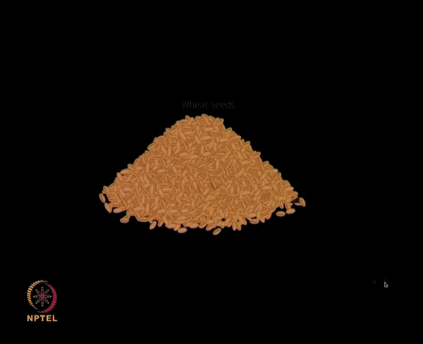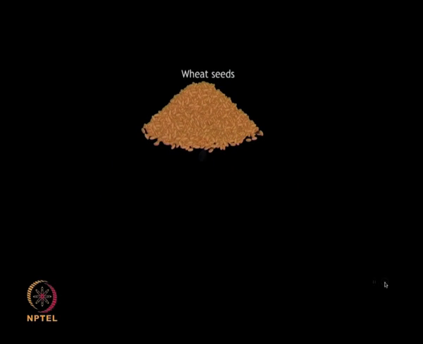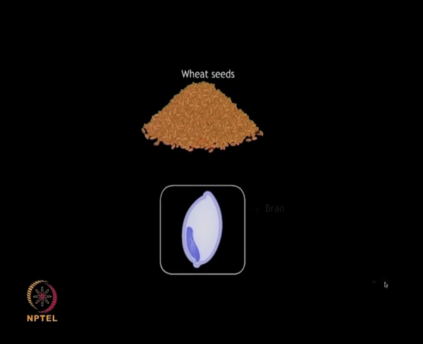Let us now talk about wheat germ extract or WGE. This is one of the most commonly used eukaryotic cell-free expression systems, which is obtained from the embryo of the wheat seed.